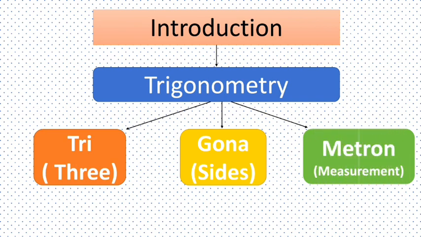Trigonometry deals with the measurement of the sides and the angles of a triangle. When some angles and sides of a triangle are given, we can obtain the remaining angles and sides of the triangle using trigonometry. I hope you have understood the introduction part of trigonometry.